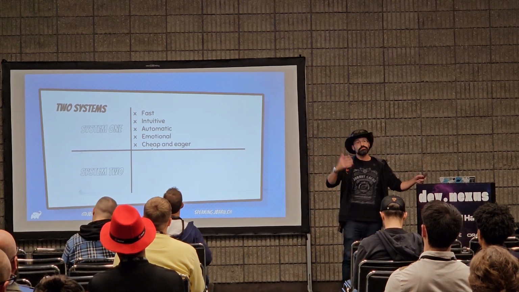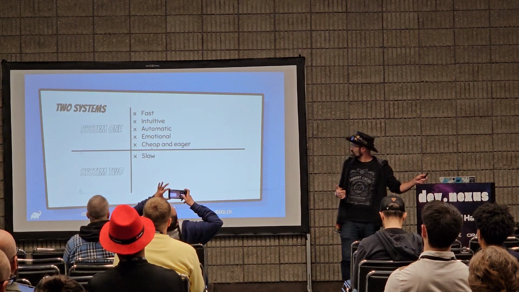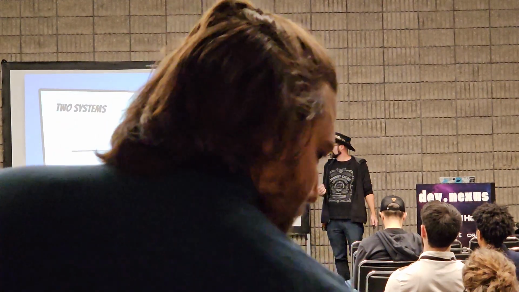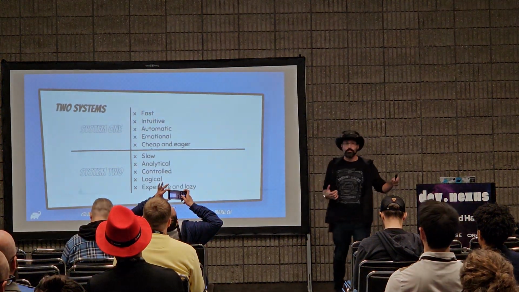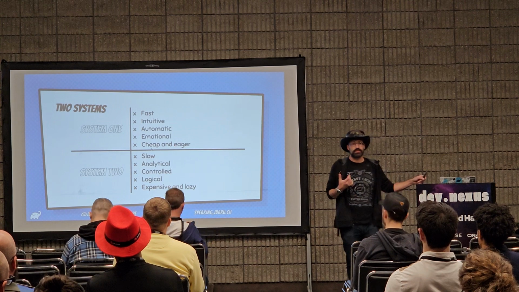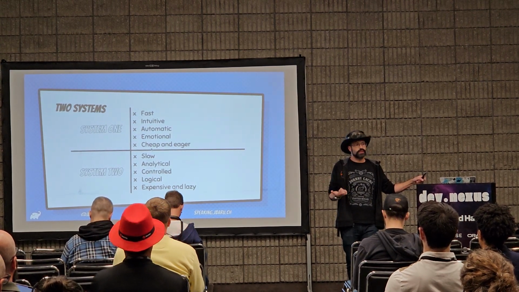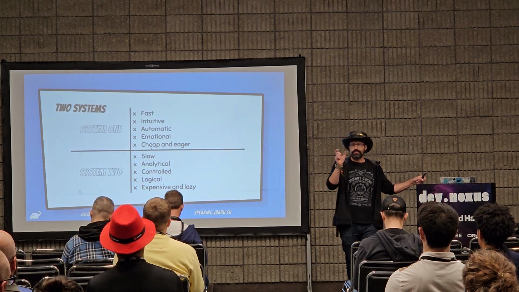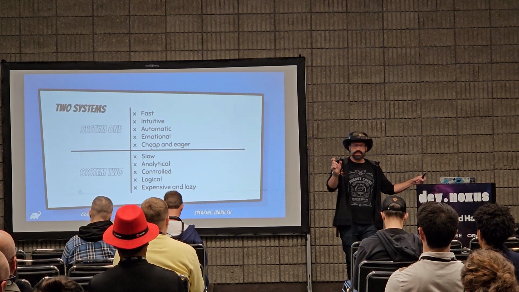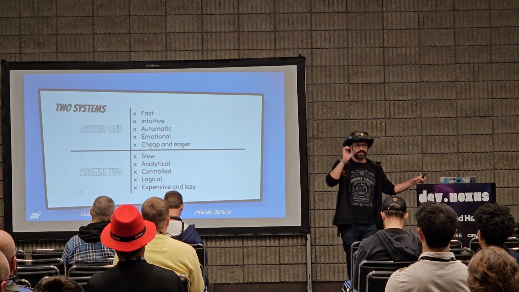The other system, called system 2, is very slow, analytical, controlled, logical, but also very expensive and lazy. When I told you that $1 is not the correct answer, you thought, okay, now we need to do the math. Now the total is $1.10, and if the bat is $1 more, the ball should actually be 5 cents, all this stuff.